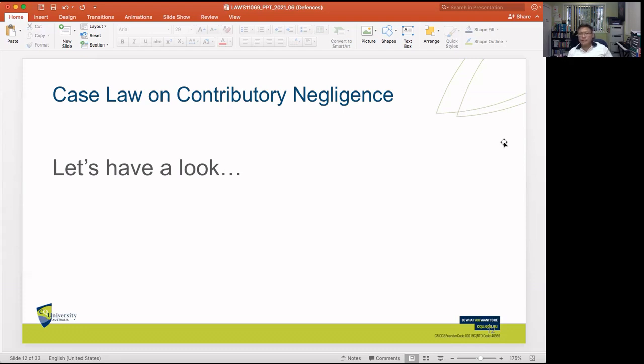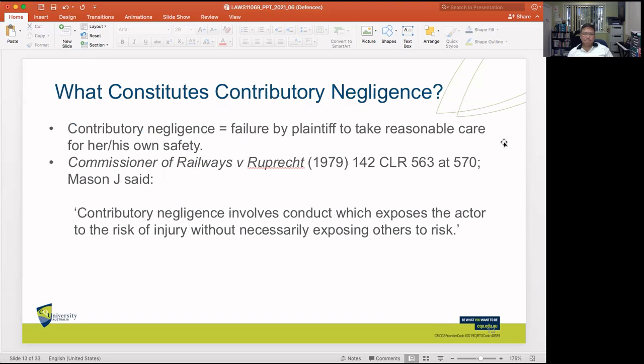Now, to better understand the principles pertaining to contributory negligence, it'll be nice to look at case law. So let's have a look at some of these cases. Remember, again, as a reminder, when you speak of contributory negligence, it pertains to a failure by the plaintiff to take reasonable care for her or his own safety.